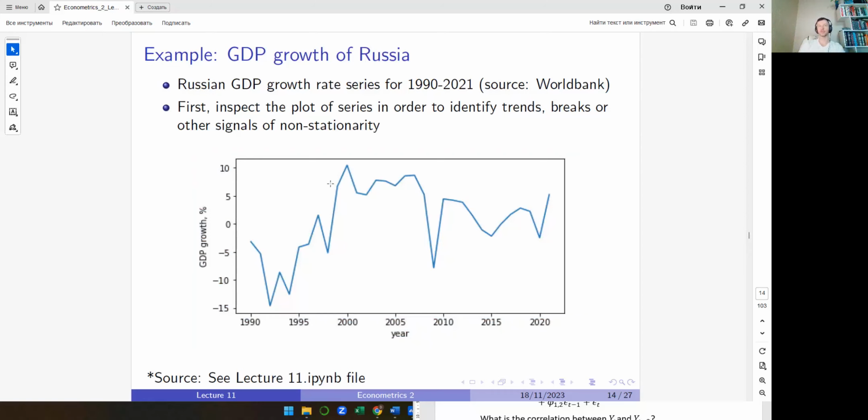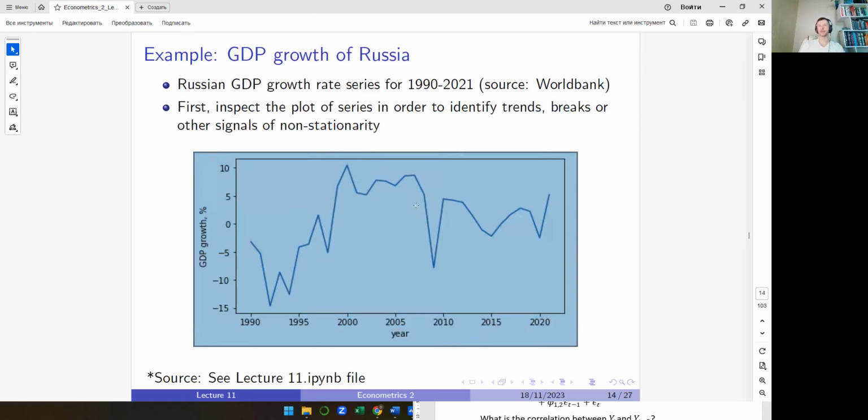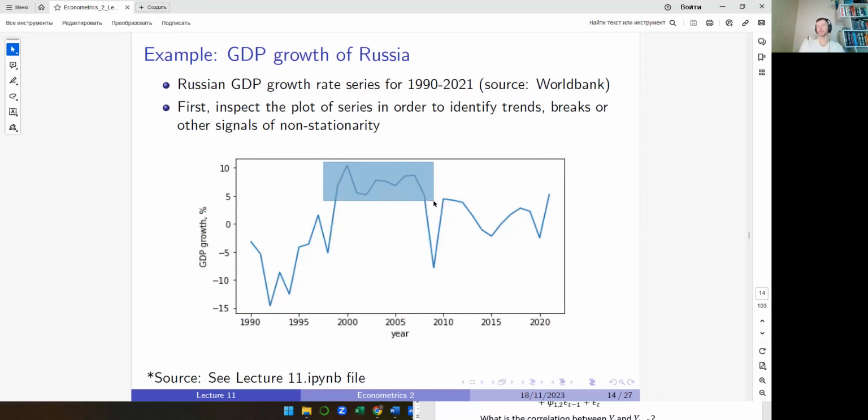So we see that there is a long period of positive growth around 5 to 7%. Then, well, this probably is stationary, but for several years. Then we have this trending part from negative values to positive values. And then we have this part starting from 2010. If we would inspect something after 2022, we would probably observe something else. But this is if we want to be very formal and very correct.